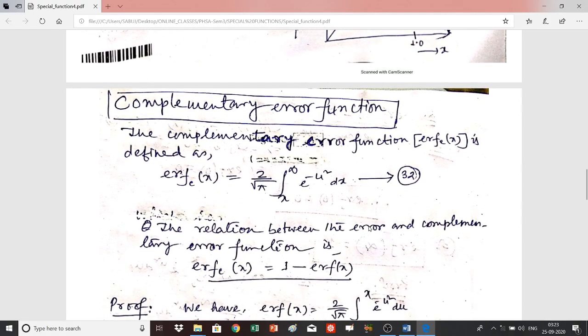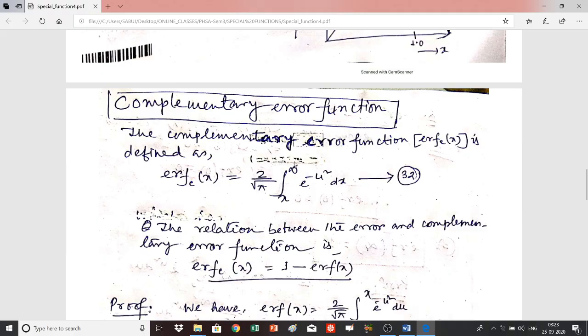Now come to another point, the complementary error function. The complementary error function is another important quantity that is related to the error function. It is denoted by erfc(x) in this manner, and is defined as erfc(x) equal to 2 by root pi, integral from x to infinity of e to the minus u squared du.